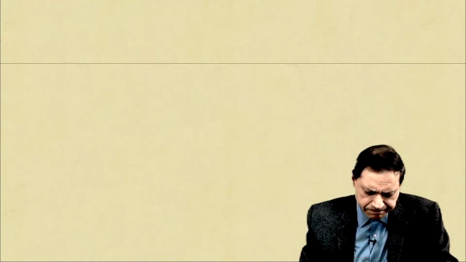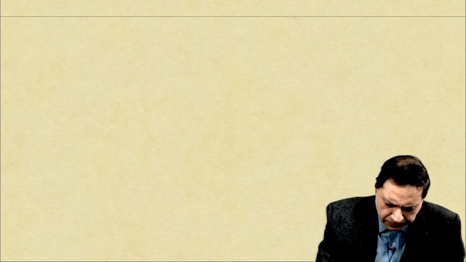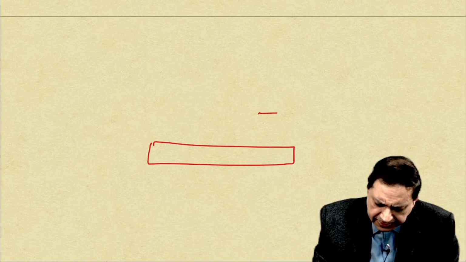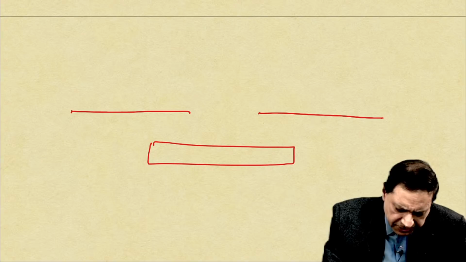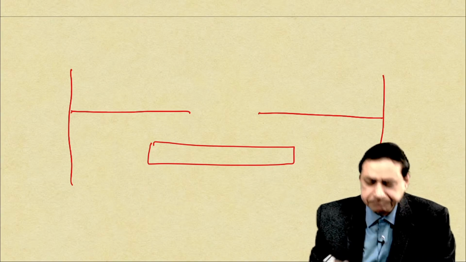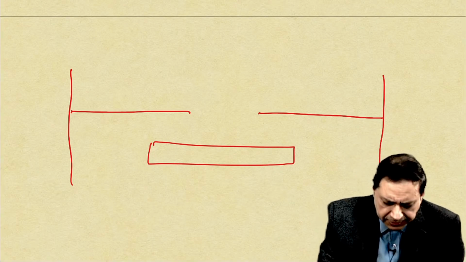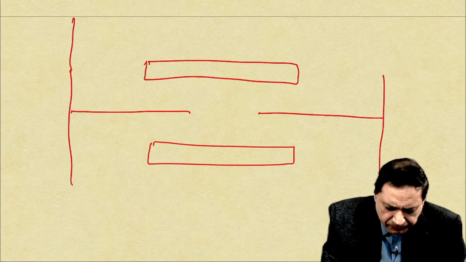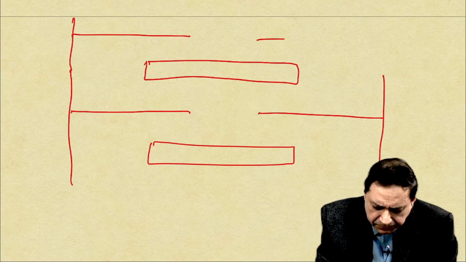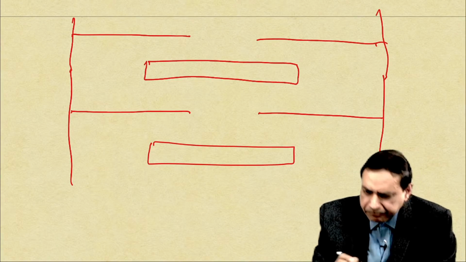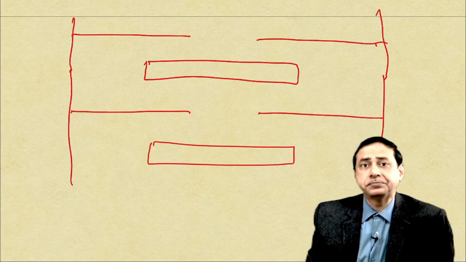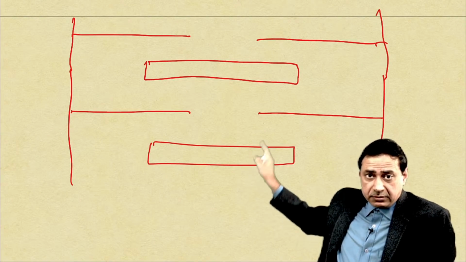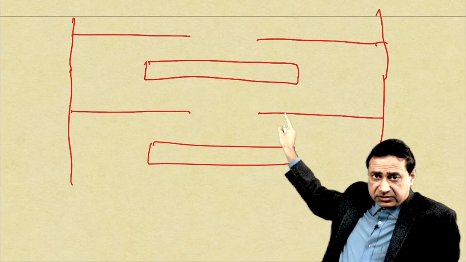Just see it. This is the myosin filament and this is the actin, thin filament. These are the Z lines. Again this is the thick filament, myosin filament, and again this is the thin filament.